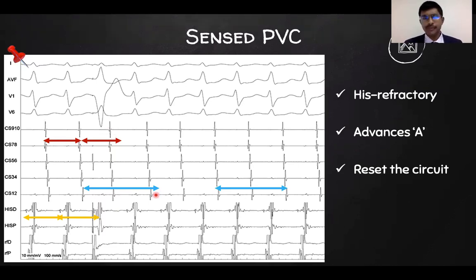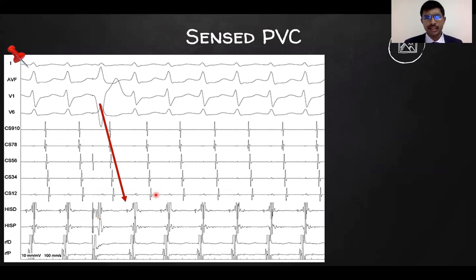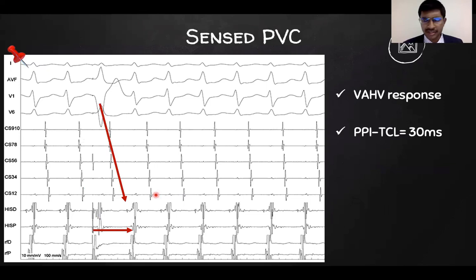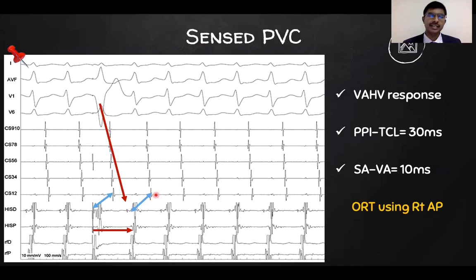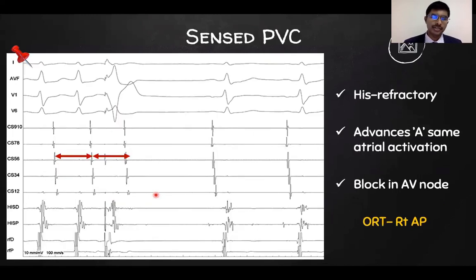We could derive more conclusions as well in this particular trace by measuring the post-pacing intervals. The response here is a VAHV response. Post-pacing interval is again very short. And the STIM2A to V2A differences are also very small, all favoring an orthodromic reentrant tachycardia using a right accessory pathway in this particular patient.